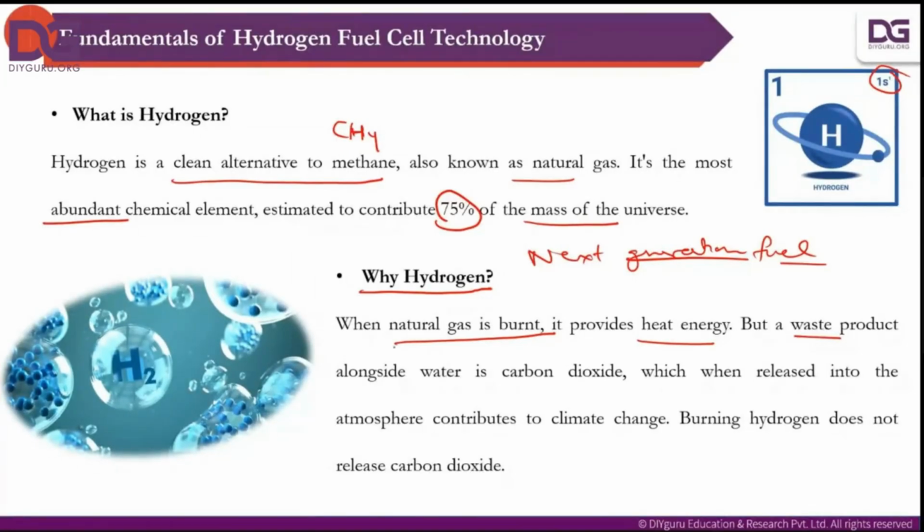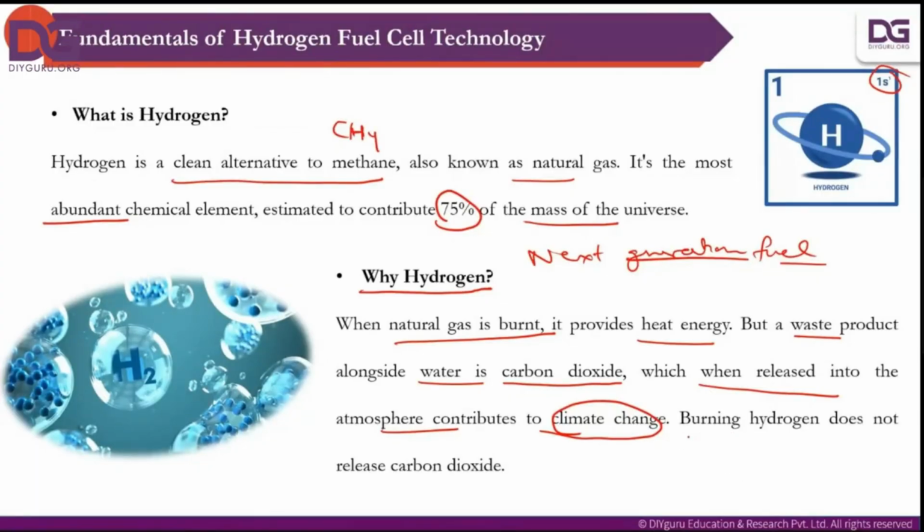Alongside water, carbon dioxide is also released when we burn any other kind of fuel. These kinds of gases are dangerous to our environment, and if released into the atmosphere, they contribute to the climate change we are suffering on the earth nowadays. You might have seen a shift in the climates: there are uncertain rains, and somewhere when rain is needed, the rain is not there. So these are some of the challenges.